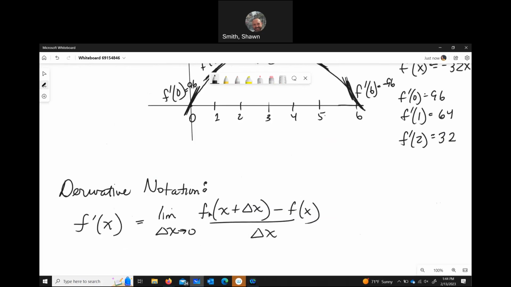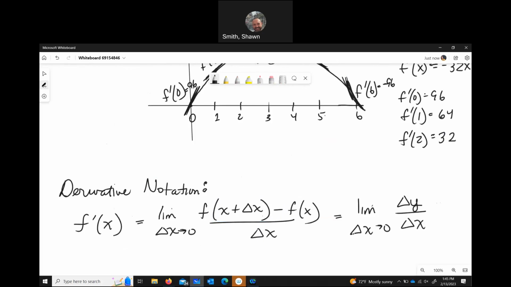So f of something is a y value, and f of x is a y value, two different y values, whereas two x values are very, very close to each other. So you could write it this way as well: the limit as the change in x approaches 0 of a change in y over a change in x.